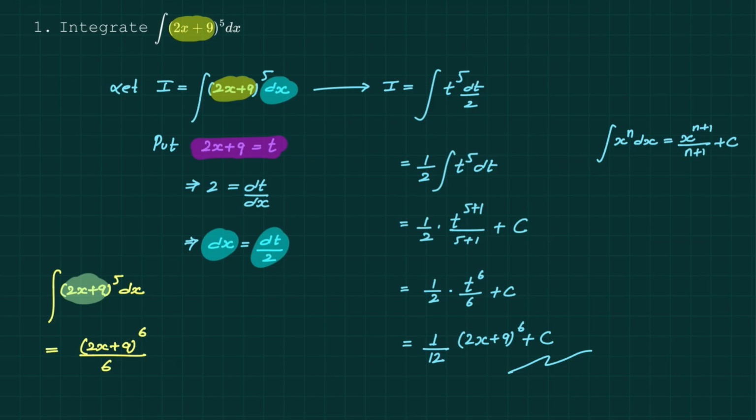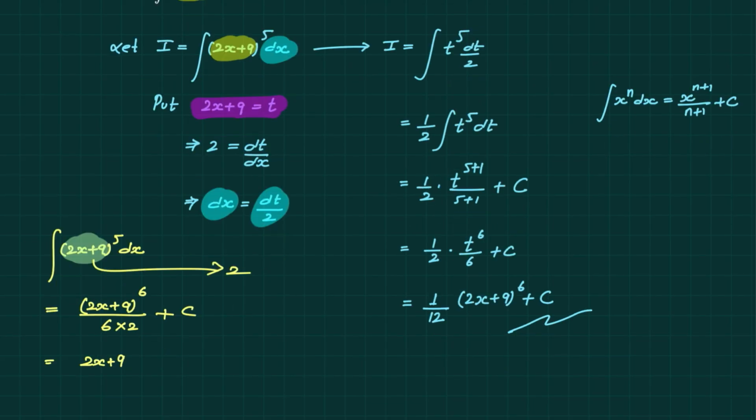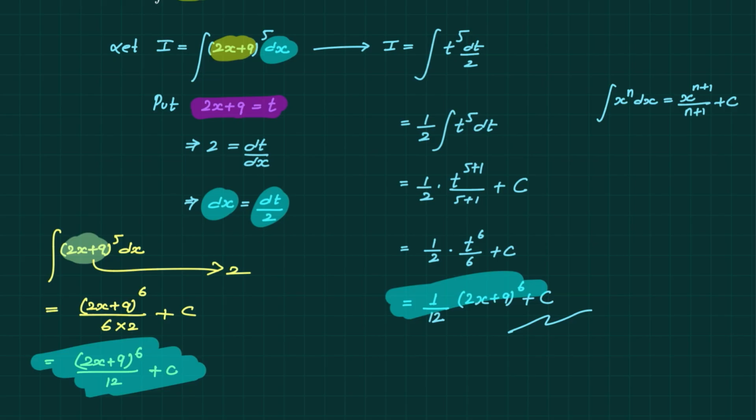But again, we have to divide by the derivative of 2x plus 9, and the derivative of 2x plus 9 is 2. So here we will divide by 2 and add the constant of integration. So it will become 2x plus 9 whole to the power 6 by 12 plus c, which is the same as the previous answer. So you can do this only if there is a linear polynomial inside the function.